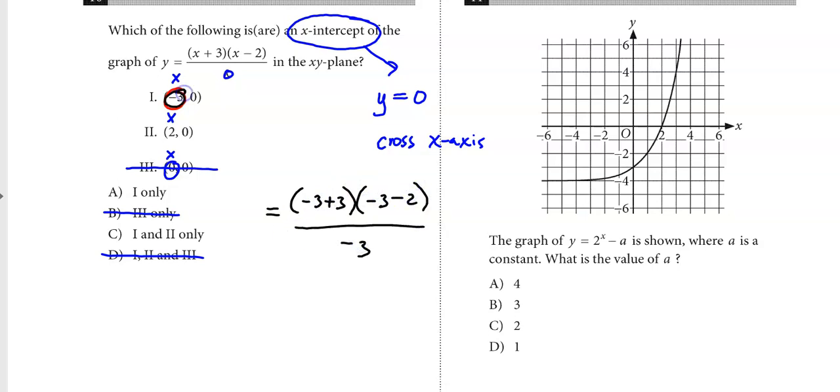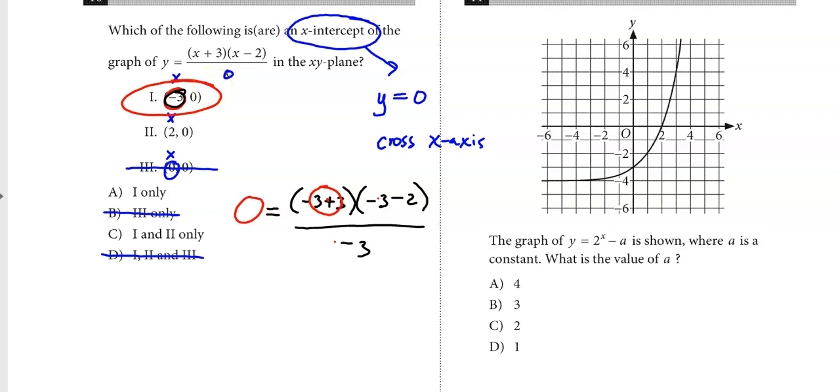So what I did was I just substituted negative 3 in for x. Notice what happens. This parenthesis right here on the left becomes 0. And now it doesn't matter what everything else does. 0 times whatever is going to be 0, and then 0 divided by the bottom is going to give me 0. So I know this one works. All right, I know 1 works.